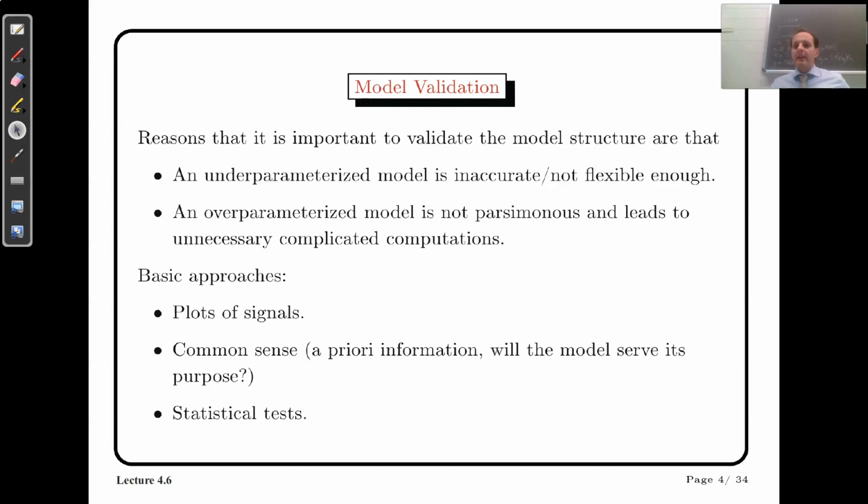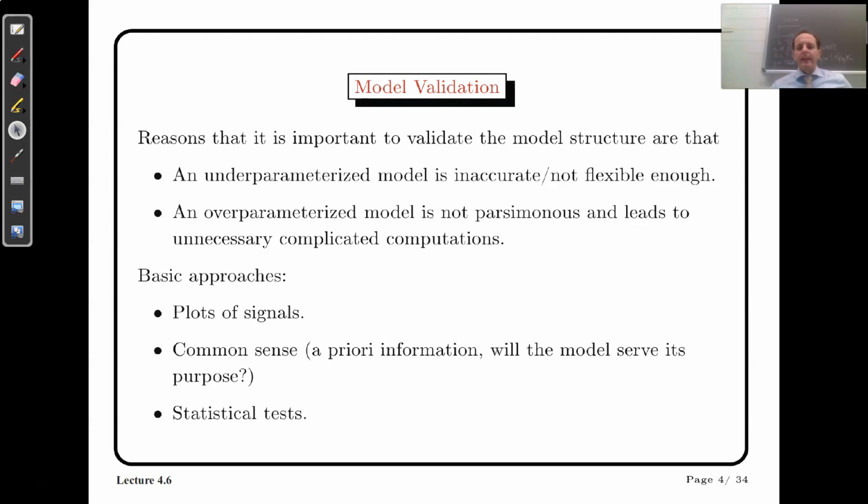because normally the estimation of a greater number of parameters may mean using a more complicated algorithm. And let's see which kind of approaches can be used to understand or to validate our model.